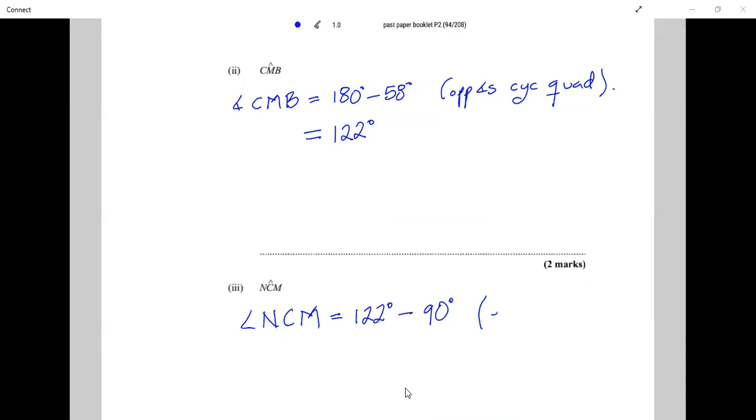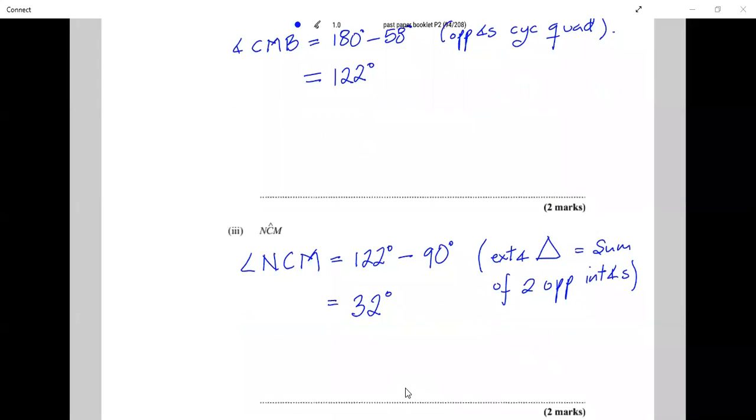Because the exterior angle of a triangle is equal to the sum of two opposite interior angles. So in other words, the angle NCM plus 90 equals 122 degrees. So this would make it 32 degrees. All right, so the angle is 32 degrees.